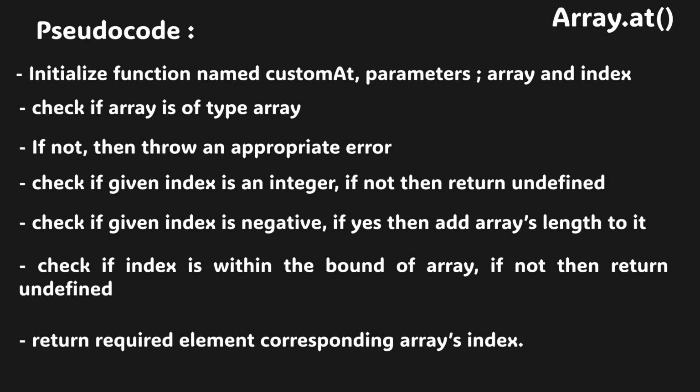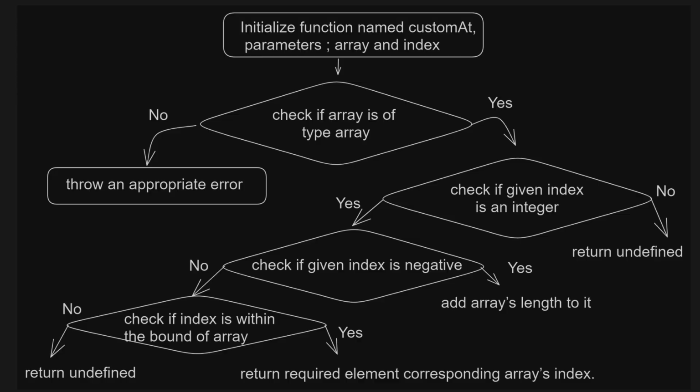Secondly, check if the given index is an integer. If not, then return undefined. Next, check if the given index is negative. If yes, then add the array's length to it. Next, check if the index is within the bound of the array. If not, then return undefined. And finally, return the required element corresponding to the array's index. Here is a flowchart representation of our algorithm.